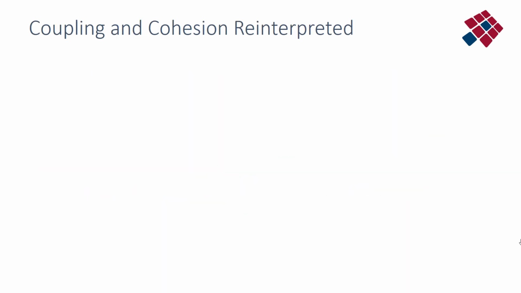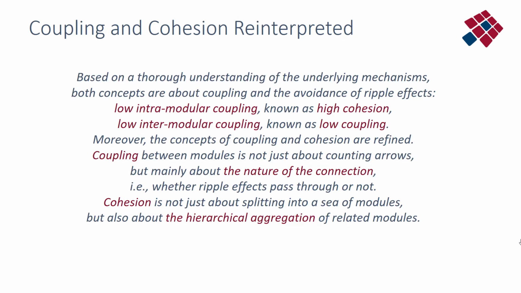We have also reinterpreted the concepts of coupling and cohesion and came to the conclusion that both concepts are about the same thing. It's about coupling and it's about avoiding ripple effects.